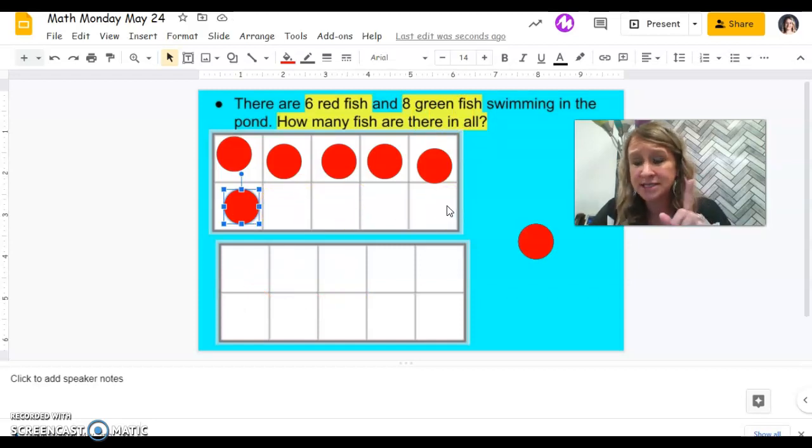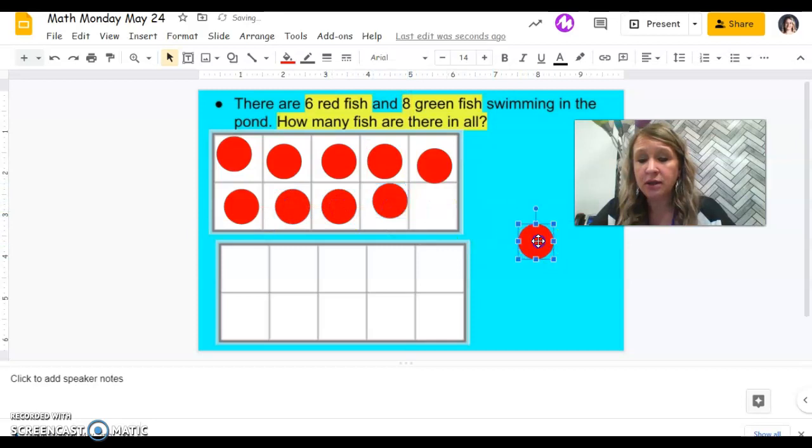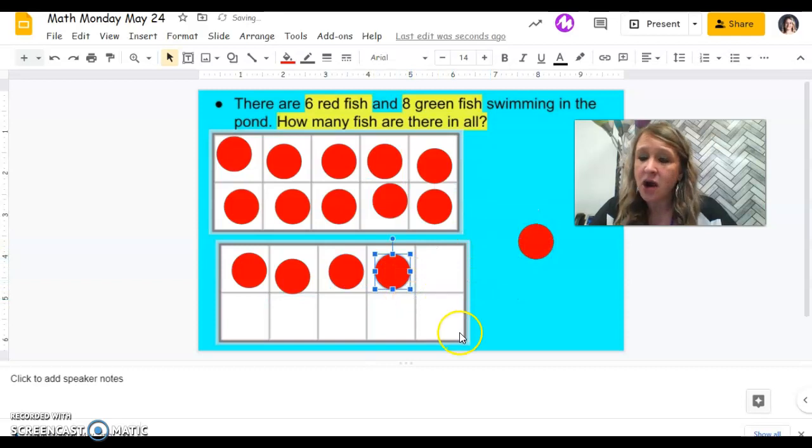We aren't going to waste any spaces around here. So I'm going to start counting, but I'm going to fill up this one first. Ready? 1, 2, 3, 4, 5, 6, 7, 8.